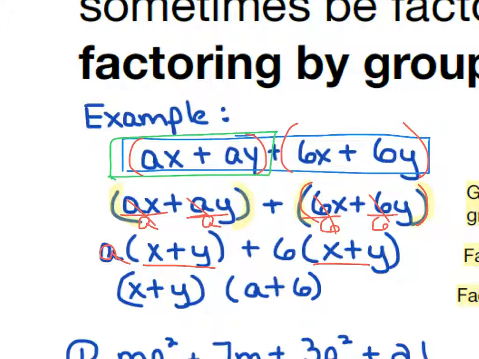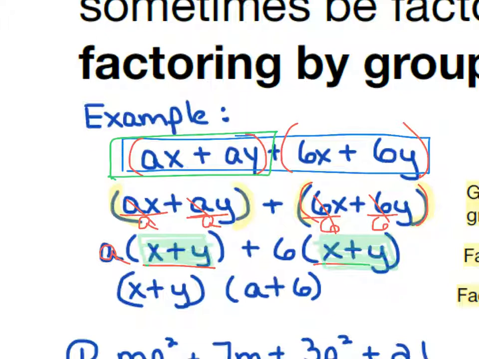When you factor by grouping, the answer you get after you divide, this right here, must be the same for both groups. If it's not, you've either pulled out the wrong GCF or you just can't factor by grouping.